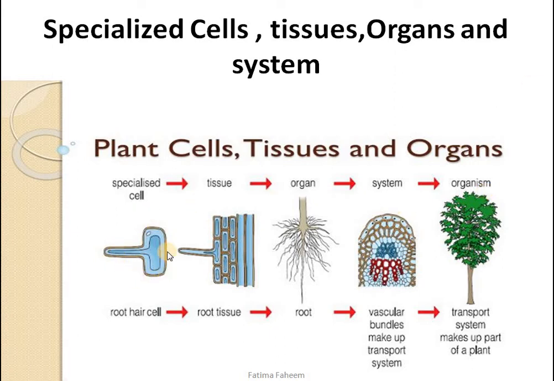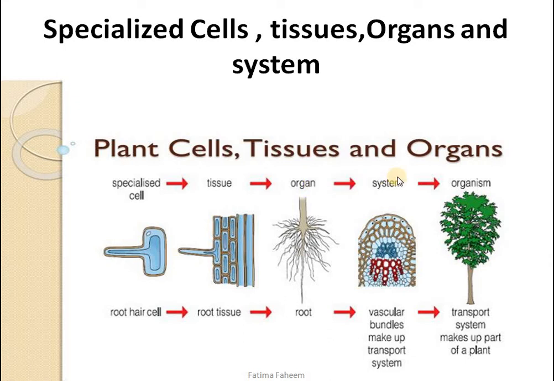This is one example of this level of organization in plants. If you see, this is a root hair cell, which is an adaptation of a common, normal, generalized plant cell. This is a plant cell, and some of the plant cells have grown an extension or a protrusion to increase the surface area. This group of cells will be named tissues. When many tissues combine, they form an organ, which is roots.